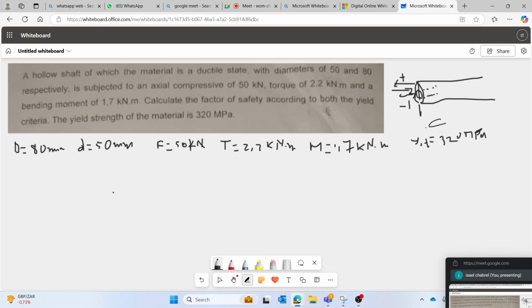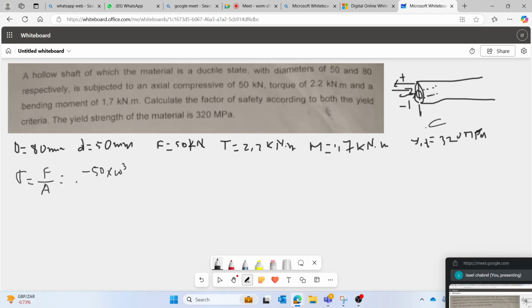Now we have to study the effect of each force and what stress it is causing. The axial force, going straight, creates a direct stress. And as we know, direct stress is equal to force over area. So what is the force? The force here would be minus 50,000, that is 50 times 10 to the 3.